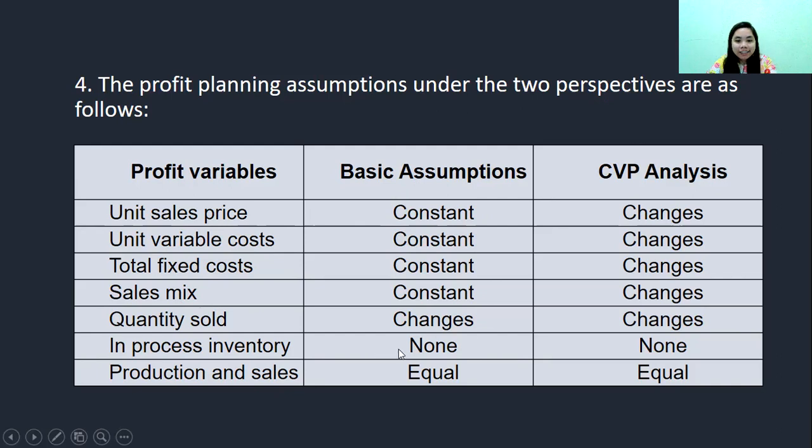We will later discover why work-in-process inventory is not considered in CVP analysis. Also none for the CVP. And for production and sales, the basic assumption is that production is equal to sales, and we also assume that production and sales are equal when it comes to CVP analysis.